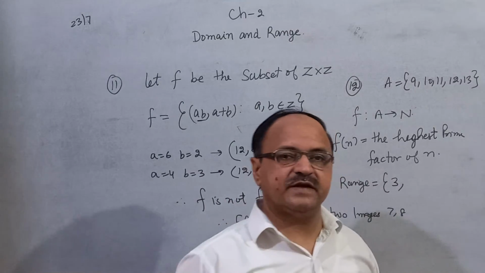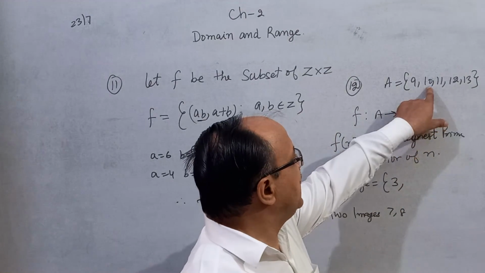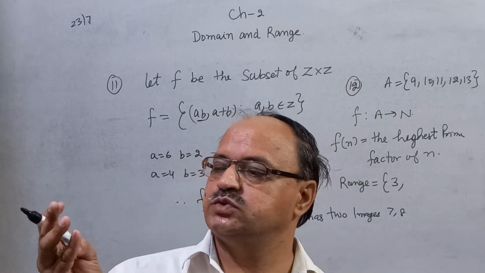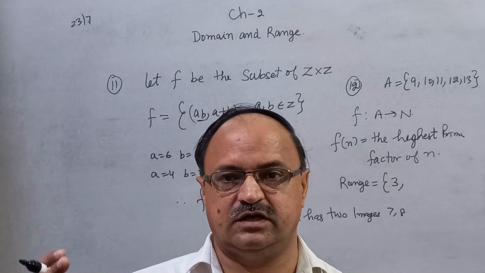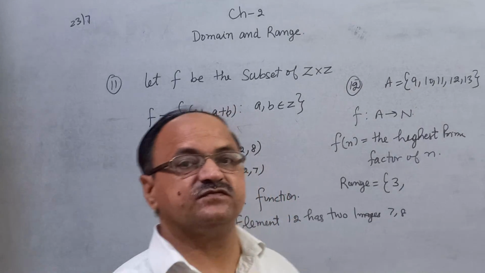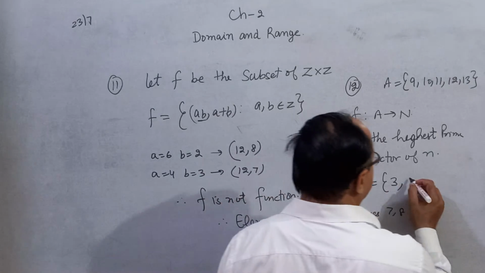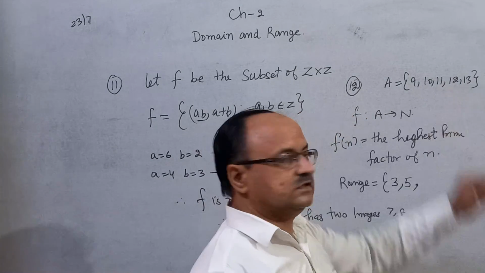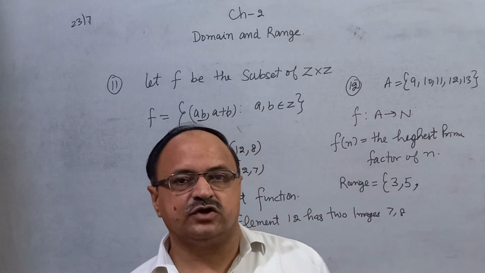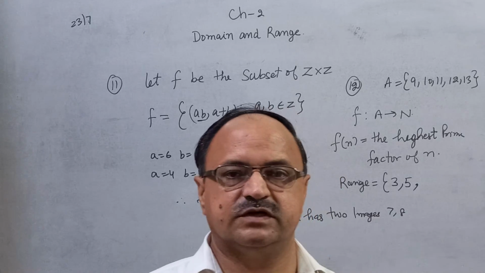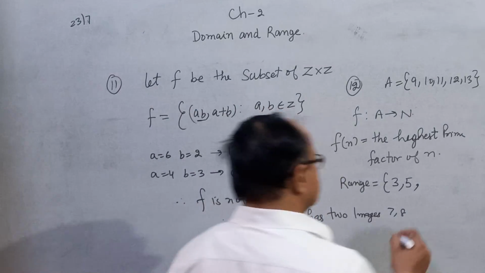And 1 is neither prime nor composite. The factors of 10 are 1, 2, 5, 10, but the highest prime factor is 5. The factors of 11 are 1 and 11. 11 is already a prime number, 1 is not prime, therefore highest is 11.